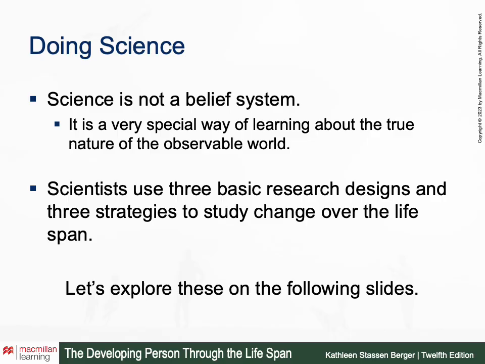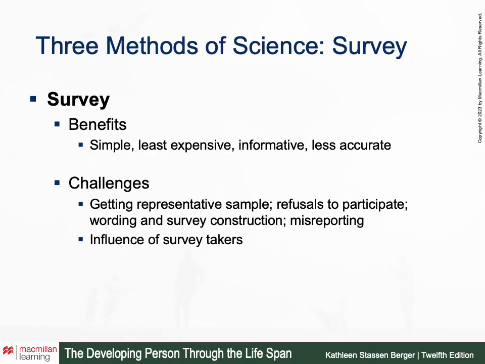It's science. It's facts. It's looking at facts and how to learn and develop and, again, test those hypotheses and come up with new ideas and test them out. Scientists use 3 basic research designs and 3 strategies to study change over the lifespan. So let's go ahead and look at those.